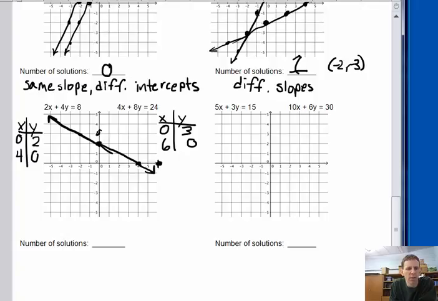And as I connect these points, I'm going to notice again that these are lines that appear to be parallel to each other. You have this process of going over 2, up 1. So just like we had before, no solutions when our slope is the same, but we have different intercepts.